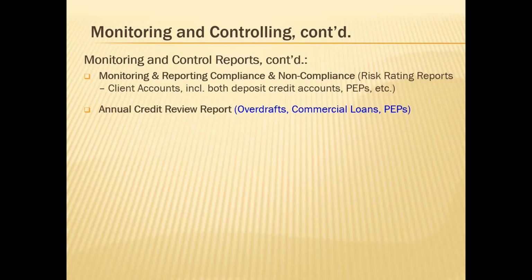The accounts that are subject to annual reviews are overdrafts, all commercial loans, and politically exposed persons, whether those politically exposed persons are current or not, whether they are overdrafts or not. If they're consumer loans, or just regular checking accounts or savings accounts, you have to do an annual credit review of your PEPs, your politically exposed persons.